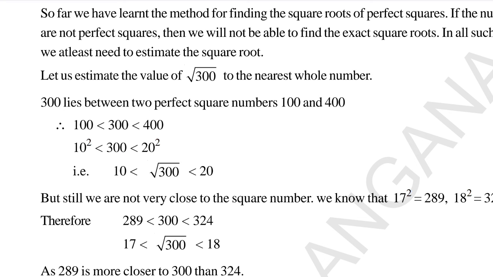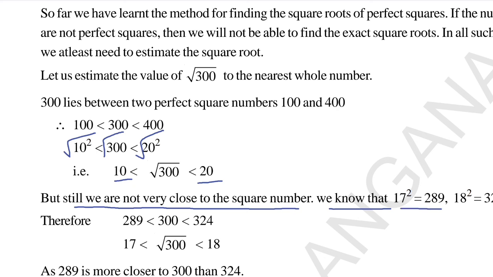Then apply the square root to each number. The square root of 10 square is 10, and of 20 square is 20. So the square root of 300 lies between 10 and 20. But still we are not very close, so we know that 17 square is 289 and 18 square is 324. Therefore 289 less than 300 less than 324.